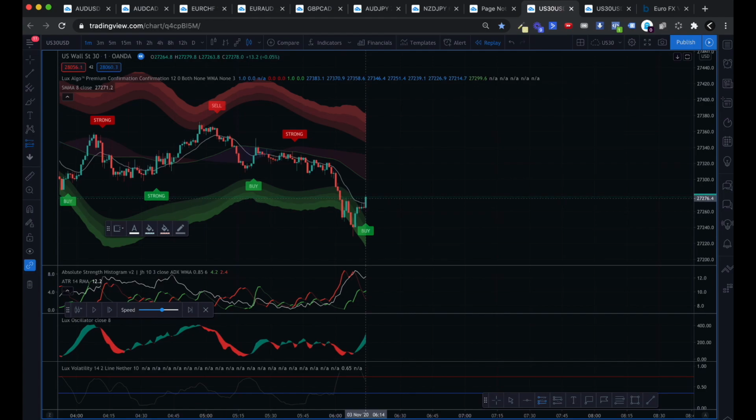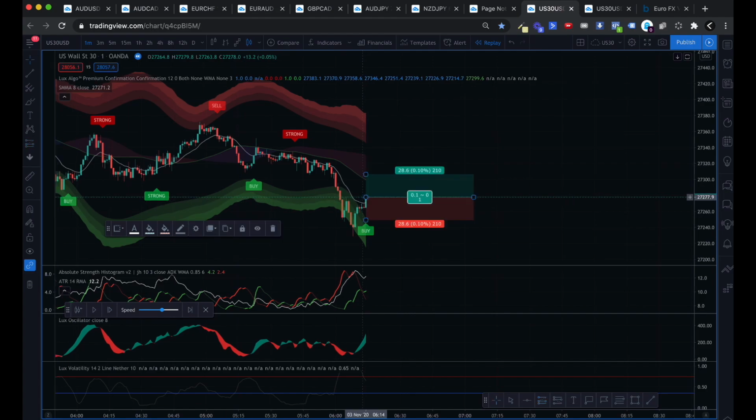And the reason why we are is because we came out of the reversal band and we have strength, or we've got a bar that's crossing the smooth moving average. And we've got strength in the bulls, and our volatility is healthy, and the oscillator is fine, matches the color, so we're good to go.